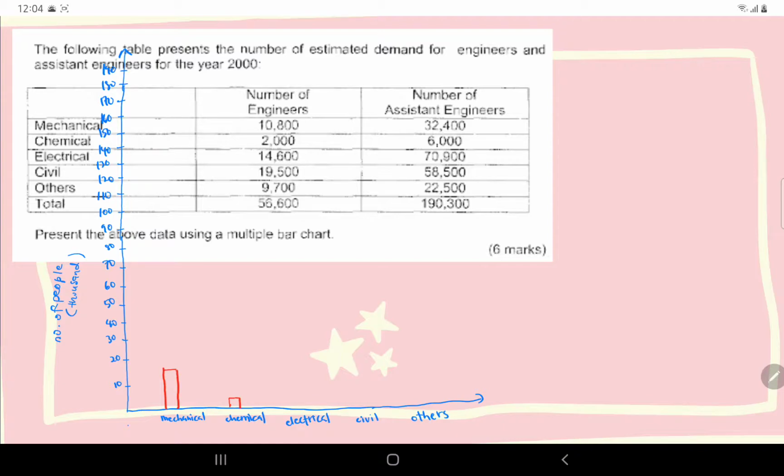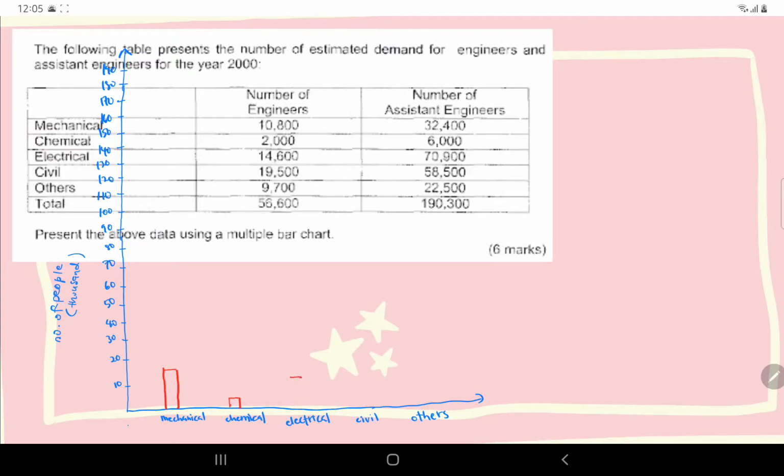Then for electrical, 14,600. So 14 is right here, more or less 14. Okay, it is slightly short.